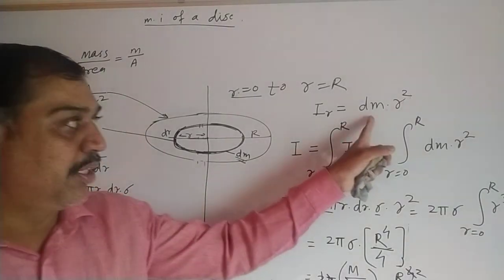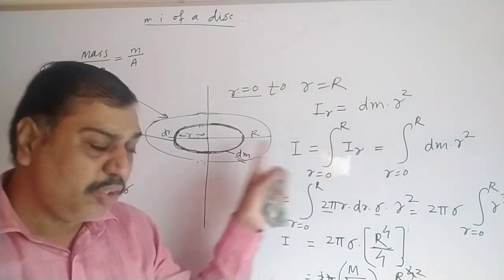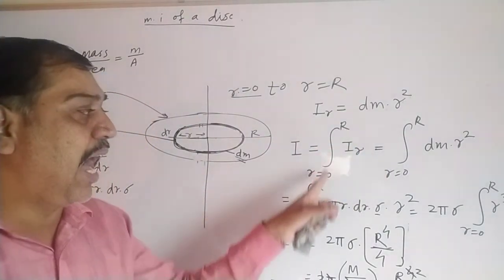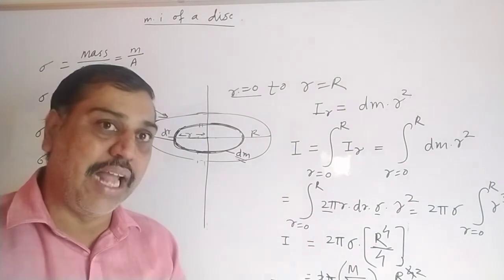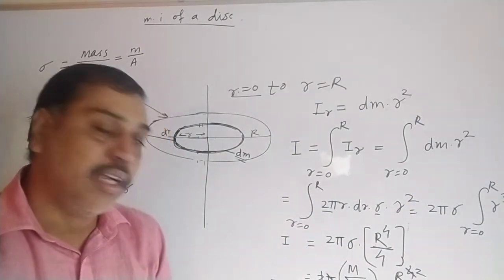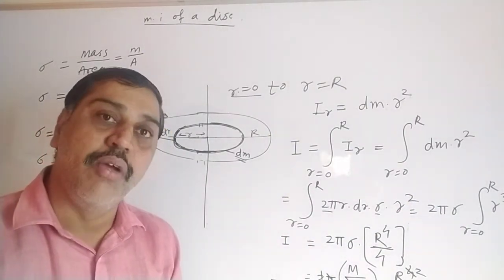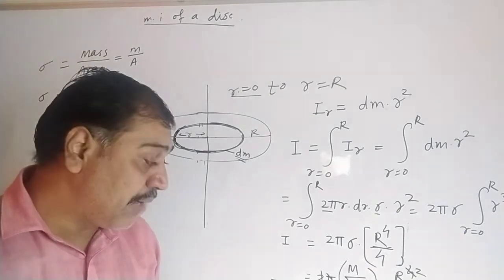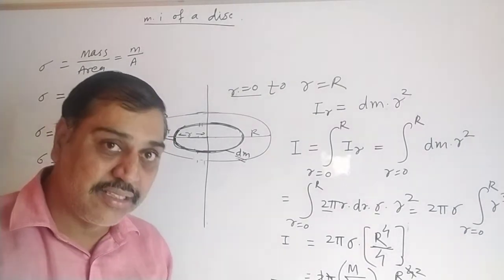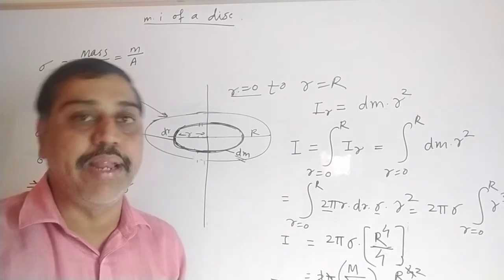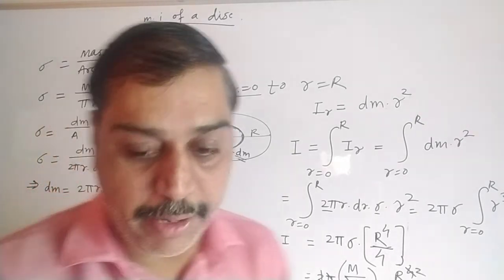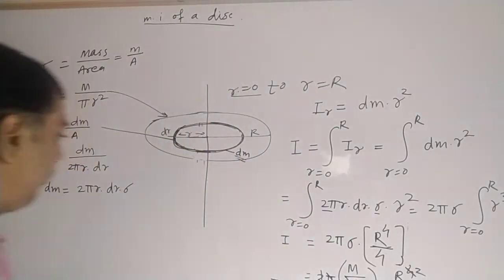Then go to the moment of inertia. Total moment of inertia, r varies from 0 to r. We have solved it like this. The final equation we get: moment of inertia of a disk is 1 by 2 M r square. You have to remember this, 1 by 2 M r square for a disk. And for a ring it is simply M r square. That you have to remember. This is the moment of inertia that we have derived up till now.